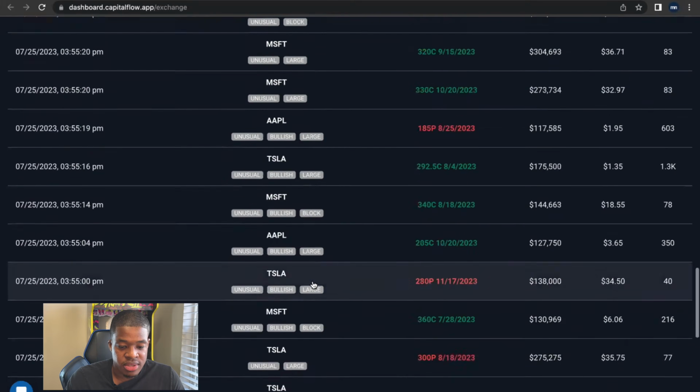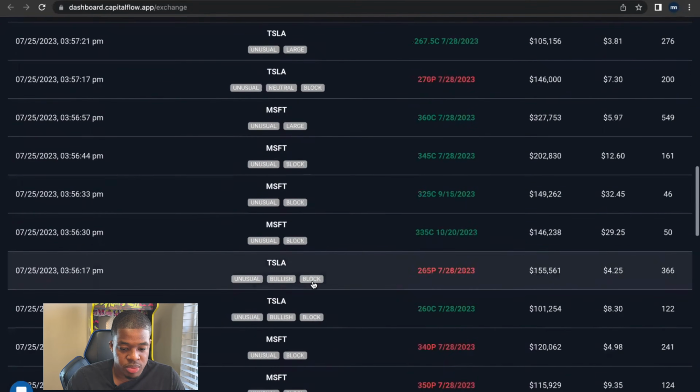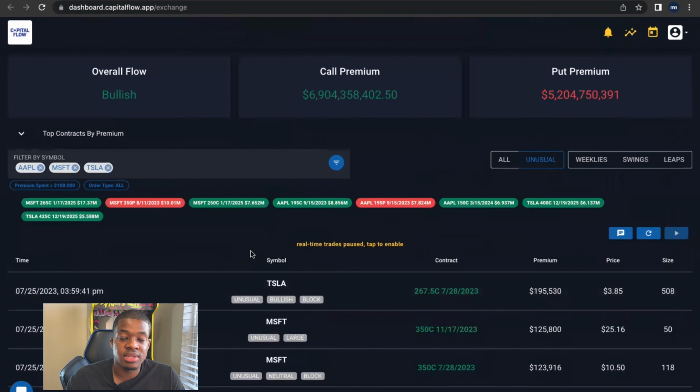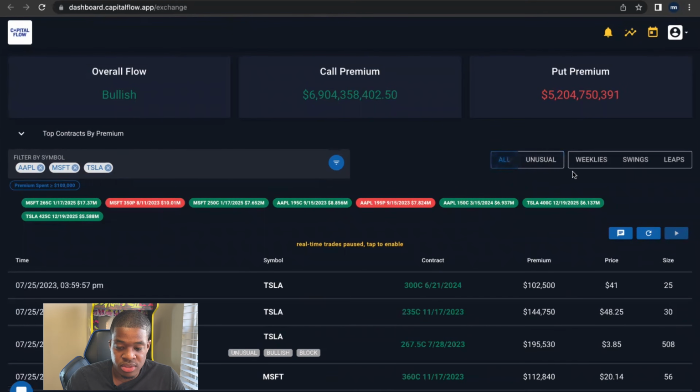And when they want to get in quicker, there's a sense of urgency, which means that typically that stock is going to move pretty quick within the near future. So I really like trading sweeps for momentum for day trades. You usually get big moves after seeing the sweeps. So those are the unusual trades.